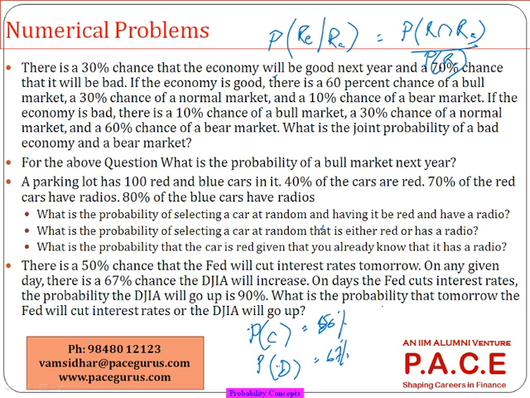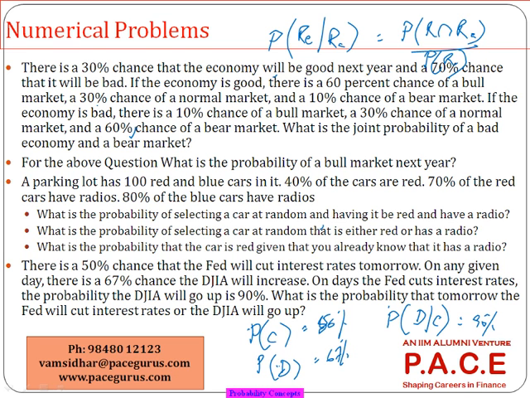On the days the Fed cuts, the probability that the DJIA will increase, I can write as probability of DJIA increase given cut is 90%. What is the probability that tomorrow the Fed will cut the interest rates or the DJIA will go up?